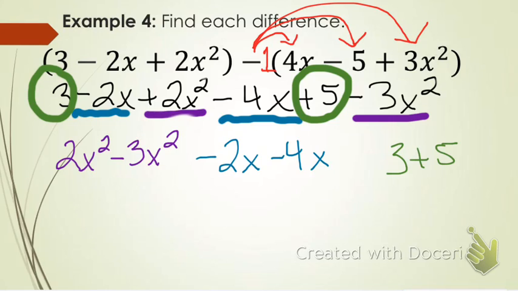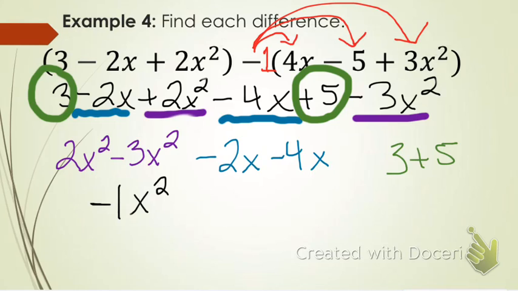Okay, so I have written all my like terms together horizontally. Now I'm going to combine and get my answer. So I have 2x squared minus 3x squared. 2 minus 3, I subtract the coefficients. That gives me a -1x squared. Now you know that it is not necessary to write the -1, but you could. It's not wrong. Then we have -2x minus 4x.